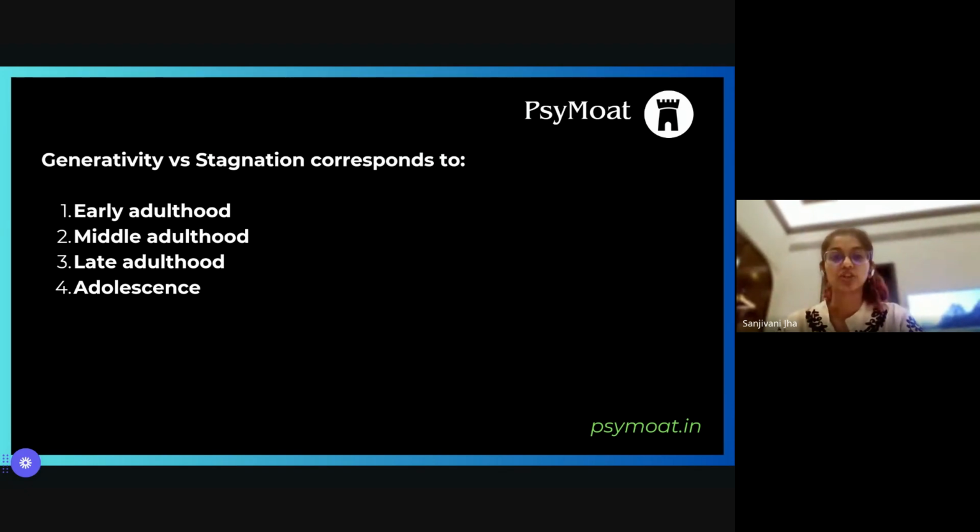Generativity versus stagnation corresponds to early adulthood, middle adulthood, late adulthood, or adolescence. Whose theory are we talking about here?